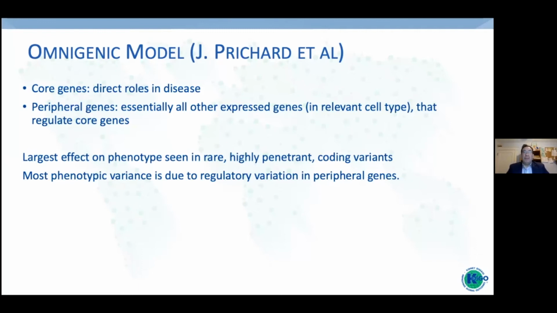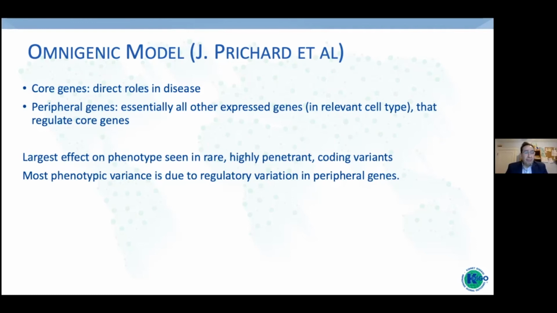And at some level, many of these are clearly well-defined regulators of core genes, but the gene-gene interaction networks and protein-protein interaction networks are so complex that almost any gene expressed in a given cell type may have some ultimate effect on the expression of a core gene.